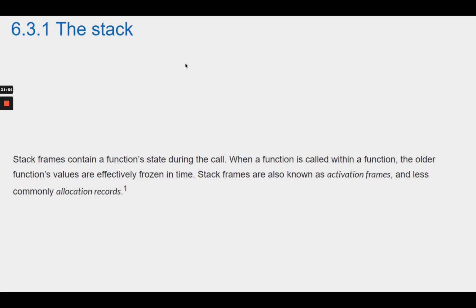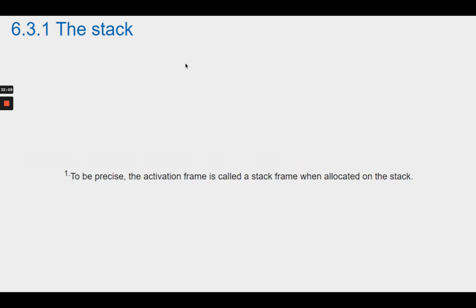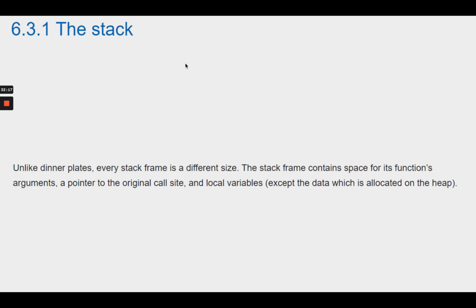Stack frames contain a function's state during the call. When a function is called within a function, the older function's values are effectively frozen in time. Stack frames are also known as activation frames and, less commonly, allocation records. Footnote 1. To be precise, the activation frame is called a stack frame when allocated on the stack.